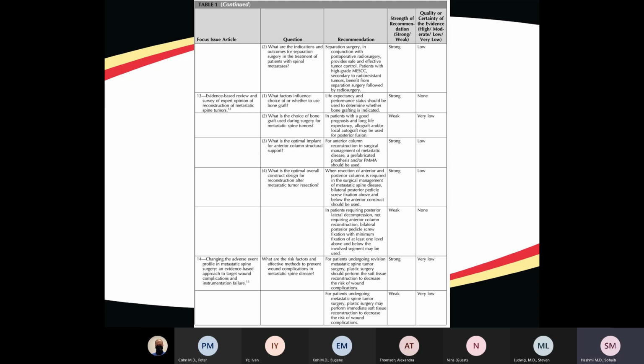And there is strong evidence also to support a reduction in revision rates, especially when it's related to the soft tissue reconstruction. The timing of radiation after surgical treatment is very important in these patients, and delaying that until total healing of the wound at 2 to 3 weeks is usually ideal. And we'll do this in conjunction with the plastic surgeons as well as the oncologists for these patients.